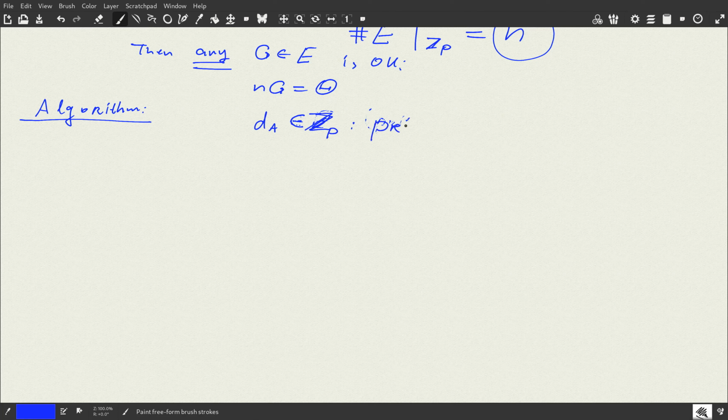Private key. And our public key will be actually a point, QA, which is dA times that fixed point G. G is known. dA times G would be a public key.